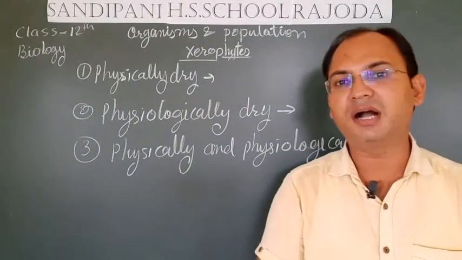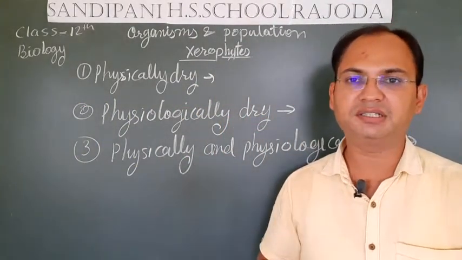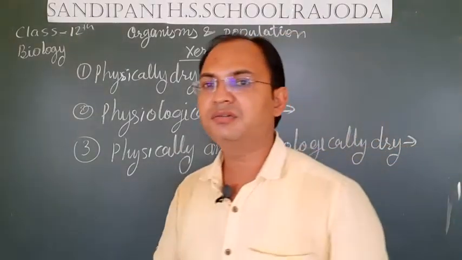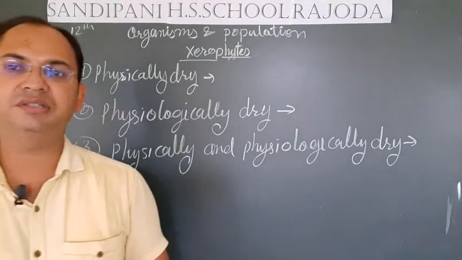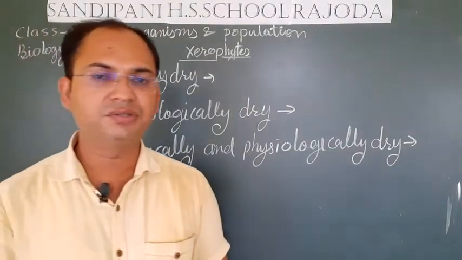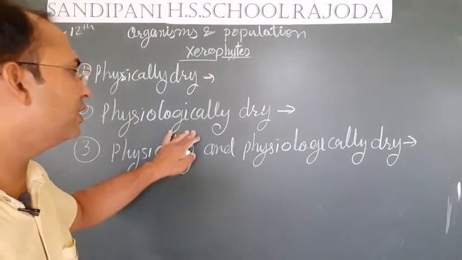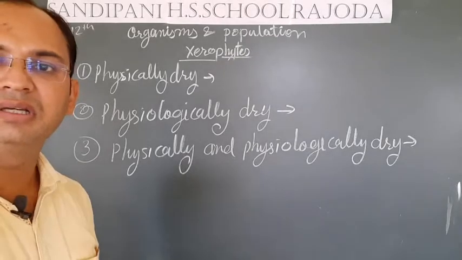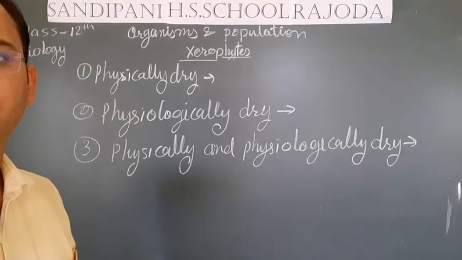There may be unavailability of water at some places, and at some places saline or acidic water is present, due to which it is not available for the plants. So these are the three main types of habitats which are considered to be xerophytic habitats.